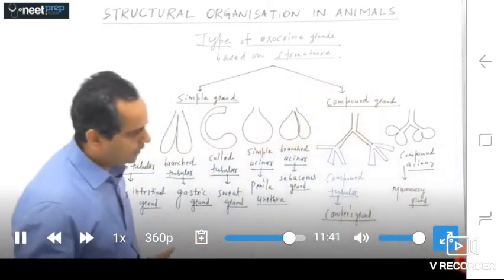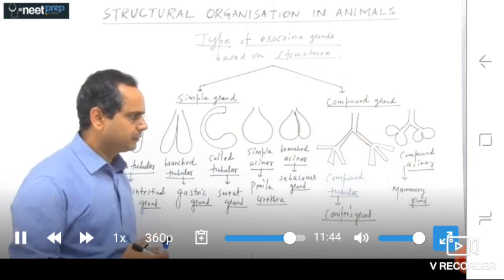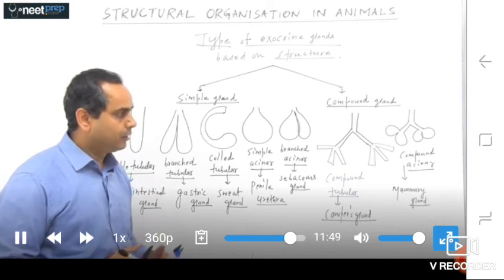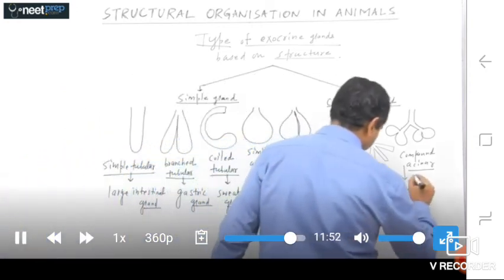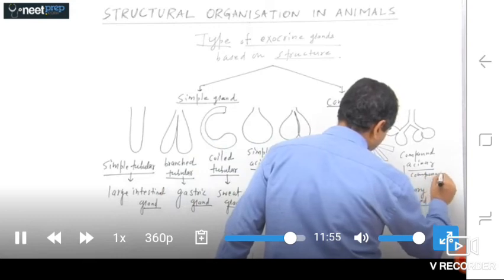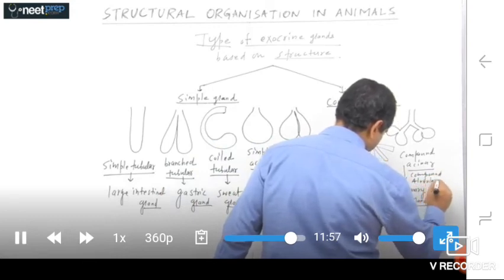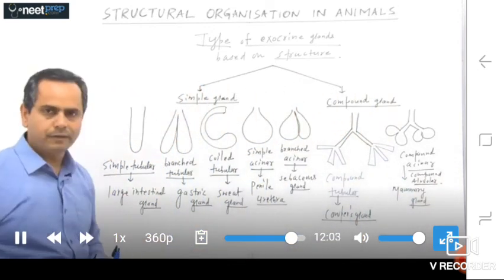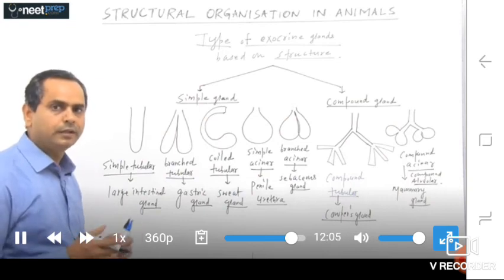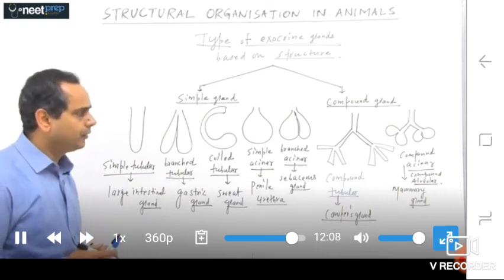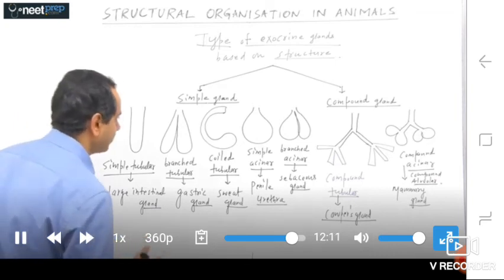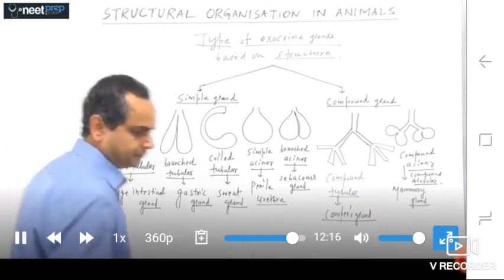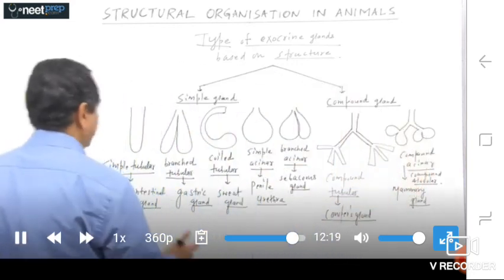Somewhere you may find compound tubulo-acinar, or compound acinar is also called compound alveolar. So these are the different types of exocrine glands depending upon their structure. Now one more gland is there that is like this.